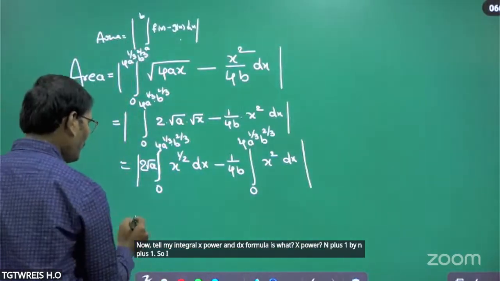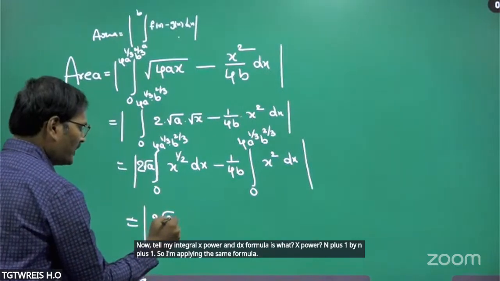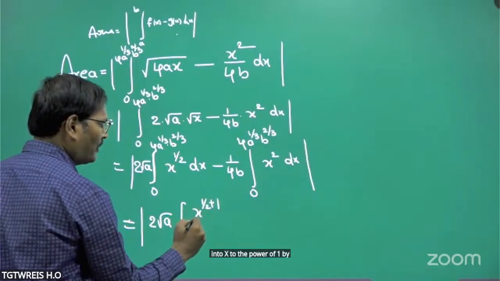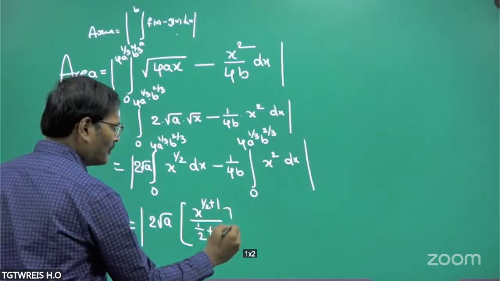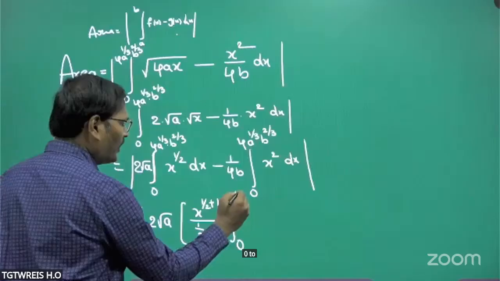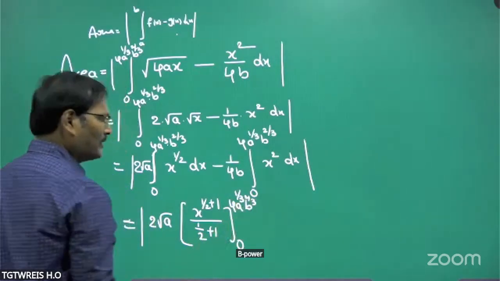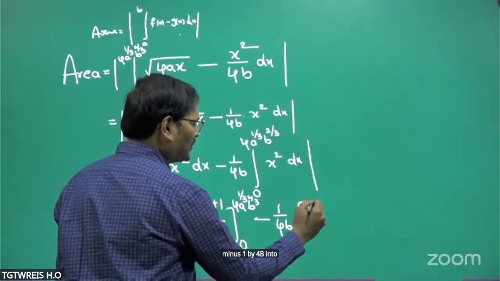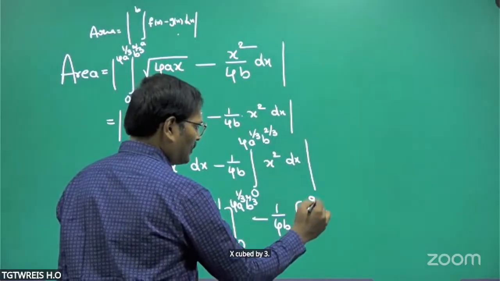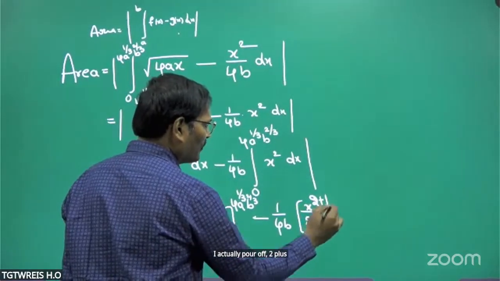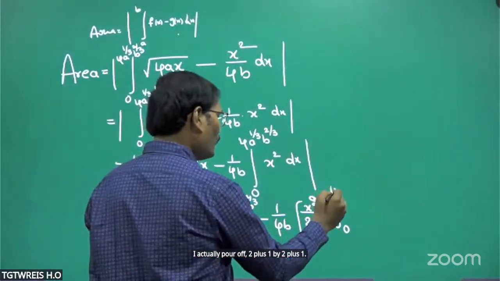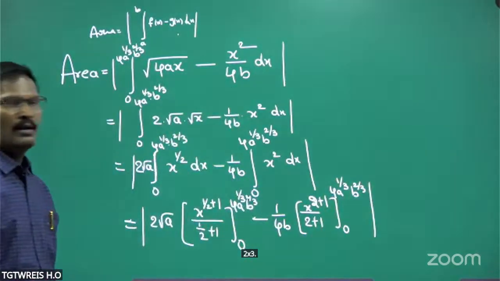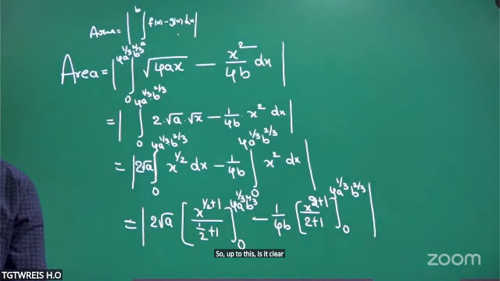So I am applying the same formula. 2 root a into x to the power of 1/2 plus 1 by 1/2 plus 1, from 0 to 4a^(1/3) b^(2/3), minus 1 by 4b into x square; the integration is x cube by 3, that is x to the power of 2 plus 1 by 2 plus 1, from 0 to 4a^(1/3) b^(2/3). Up to this, is it clear? What I did is just integrate both the functions.